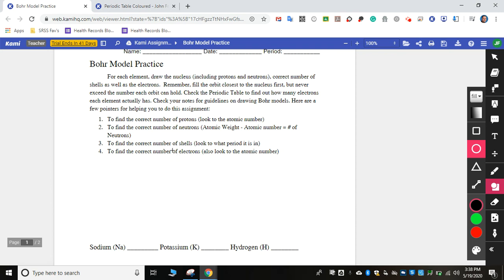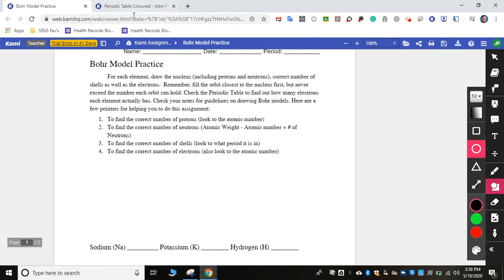You'll eventually get the correct number of electrons if you just fill enough shells, but this is a way to help yourself along, so I include it. And then finally, to find the correct number of electrons, look at the atomic number, the same as looking at the number of protons.